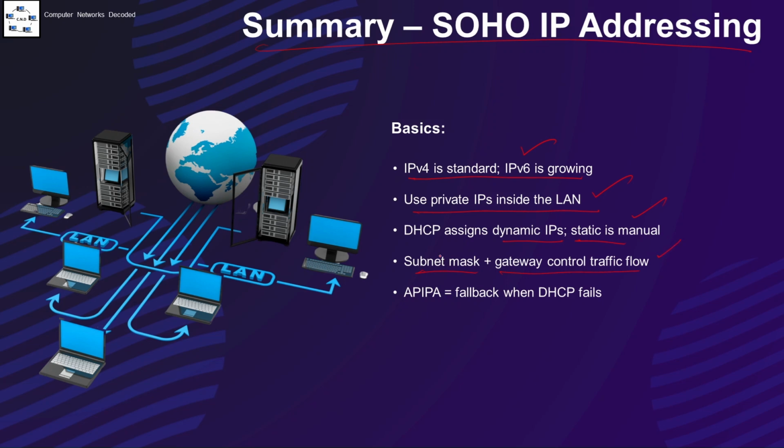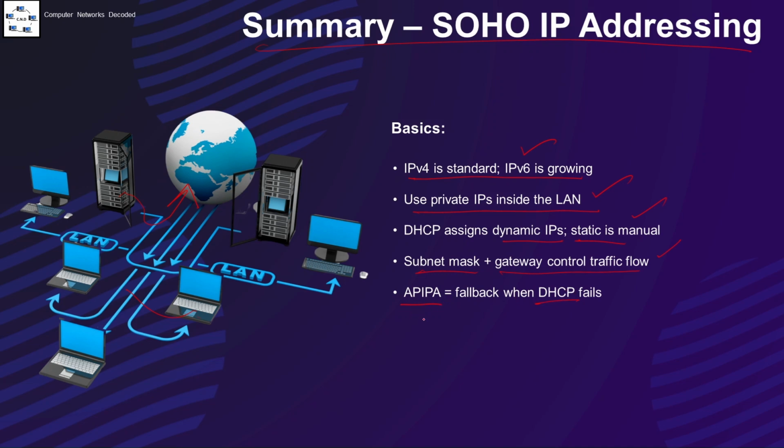If your IP addresses are in the same network, then the clients can communicate inside the same network. If the network is remote, then your traffic is sent to the gateway, and then the gateway sends this traffic to the internet. APIPA is used when your DHCP server fails or when a client fails to get an IP address from DHCP dynamically.